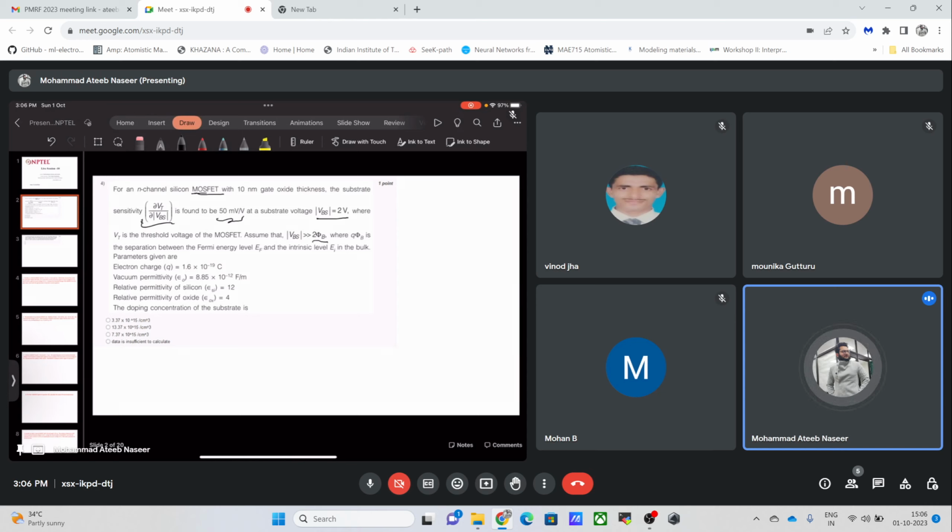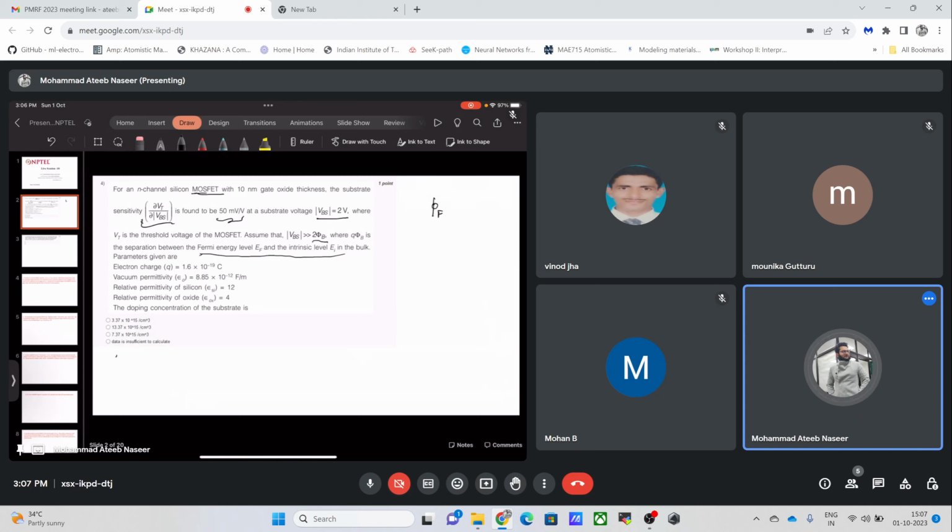This 2 phi b is simply the separation between the Fermi level and the intrinsic level in the bulk, which is the surface potential. Mostly we denote it by phi f, but in this problem they have given it as phi b, so that's not an issue. So VBS is much greater than 2 phi f, and we are required to find the doping concentration of this substrate.